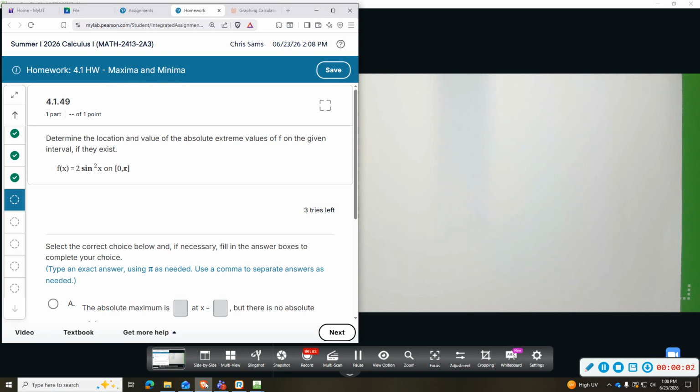All right, number 14, we want to determine the location and value of the absolute extreme values of f on the given interval if they exist.